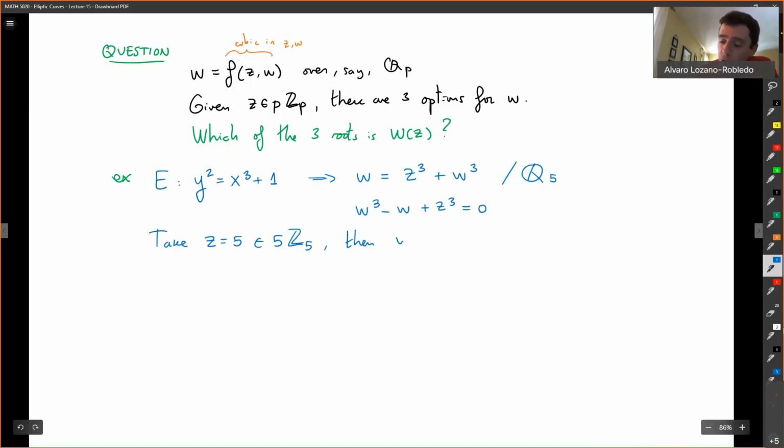Then I have W cubed minus W plus 5 cubed equals 0. Now I have a polynomial in W, and this has solutions. So there's actually 3 solutions.